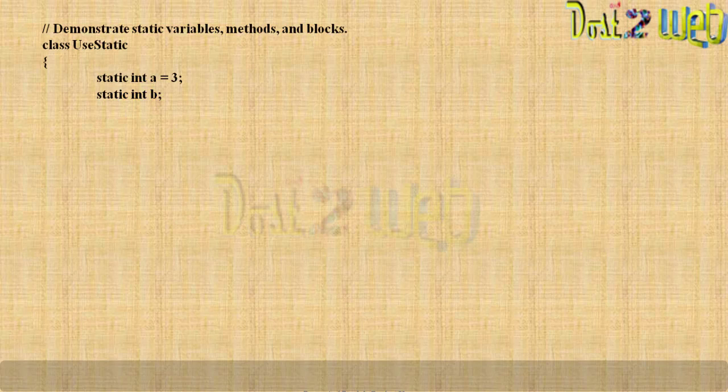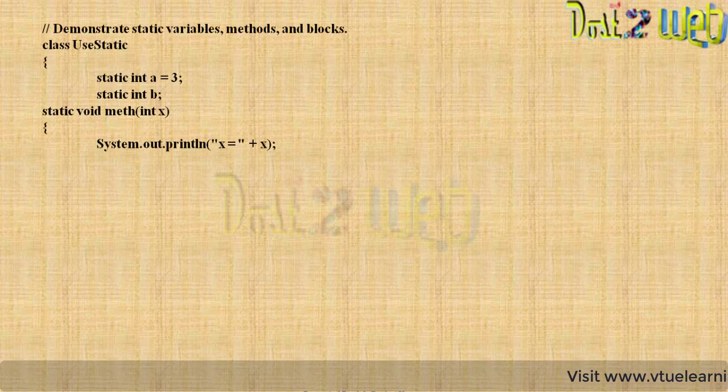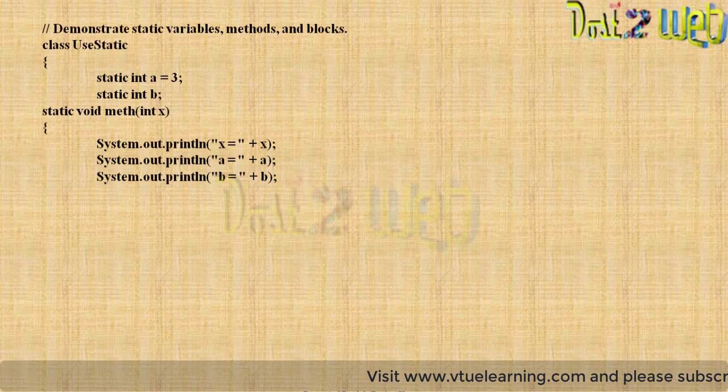Then you have another static variable, static int b. Then you have a static method, meth, passing one integer parameter x. Then you print the x value, then the a value, then the b value.